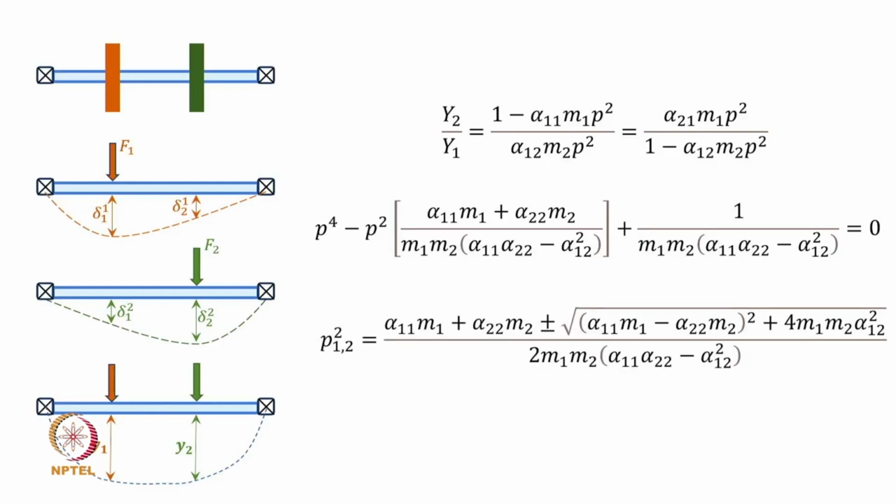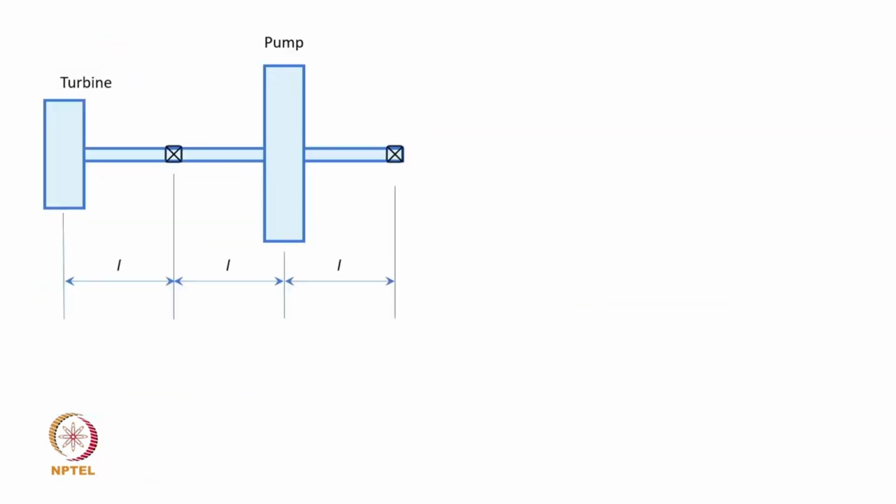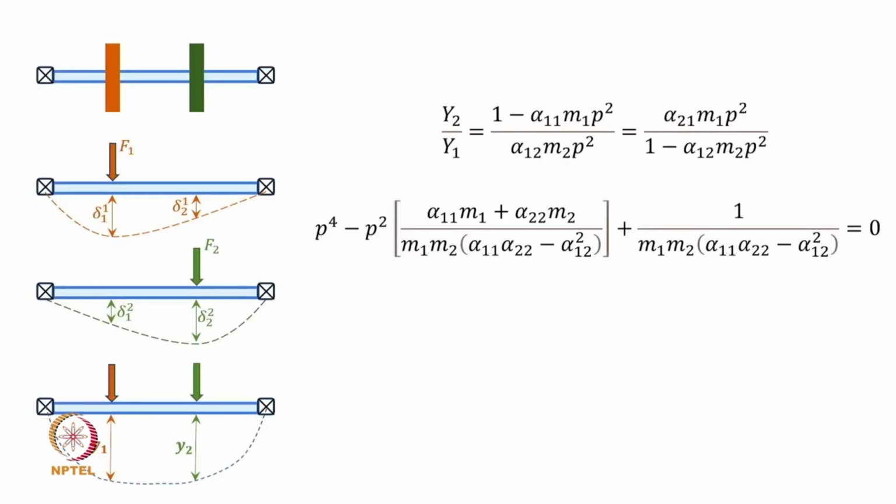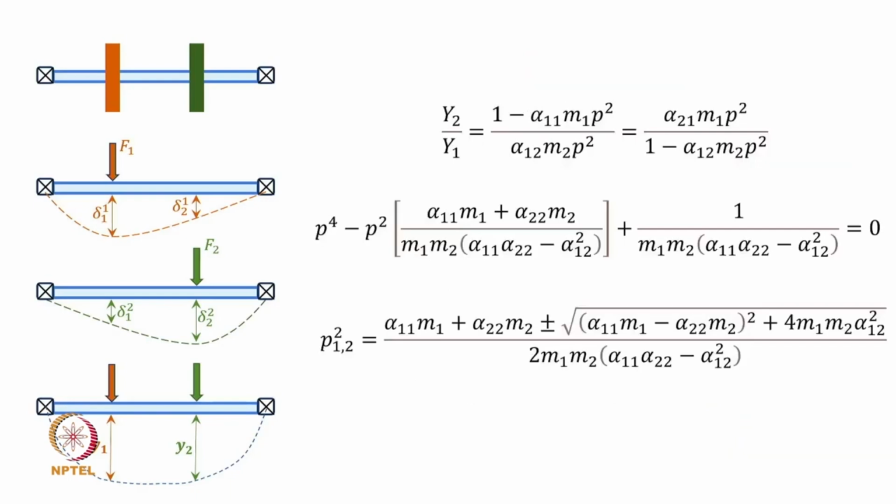And what do you use these natural frequencies for? You can get the actual exact mode shape by substituting either p1 or p2 in this expression, you get the first or the second mode shape, right. So, by using appropriate mass values and the flexural rigidity of the shaft, you can find out the natural frequencies p1 and p2.